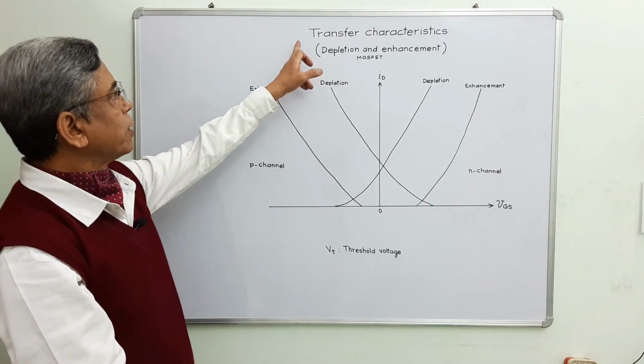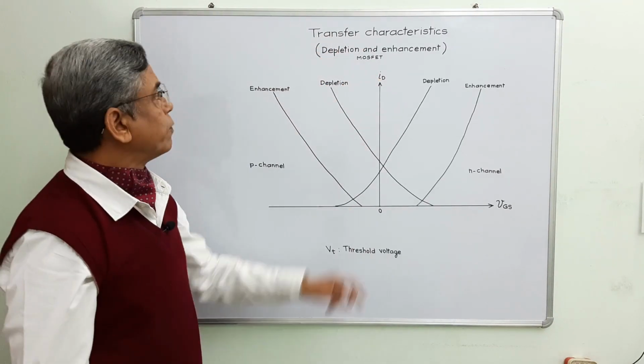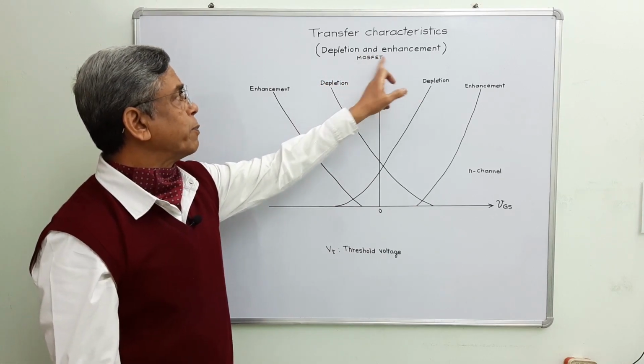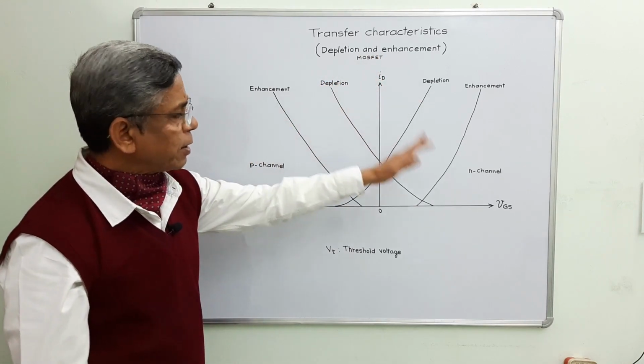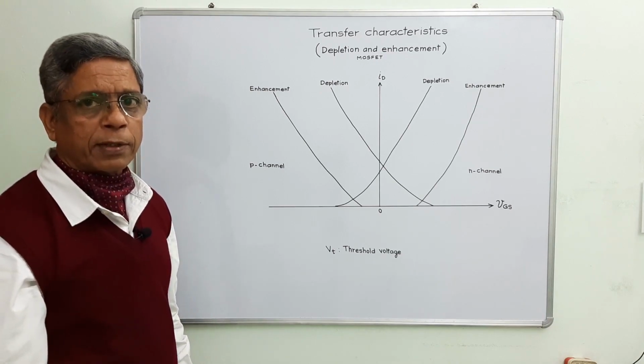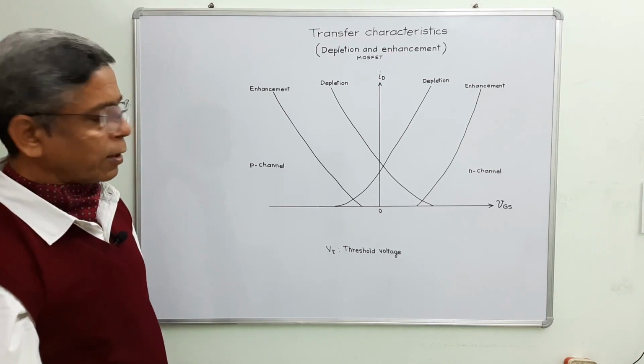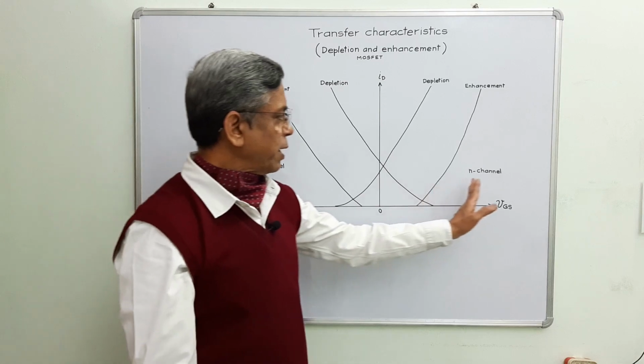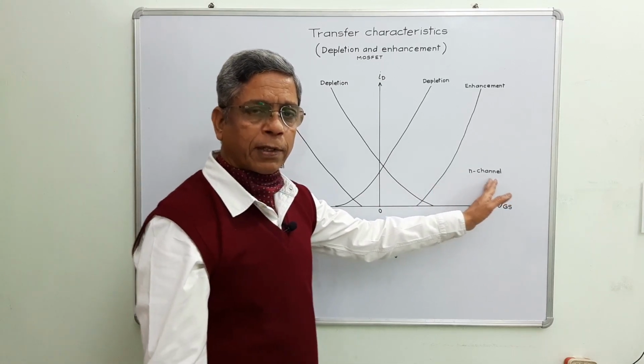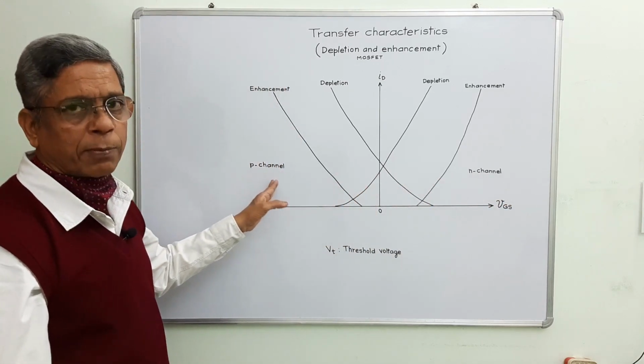And this is all about transfer characteristics for depletion and enhancement type MOSFETs. And these are drawn just for comparison and as a ready reckoner. There are two parts. The right hand side is for N channel MOSFETs and the left hand side is for P channel MOSFETs.